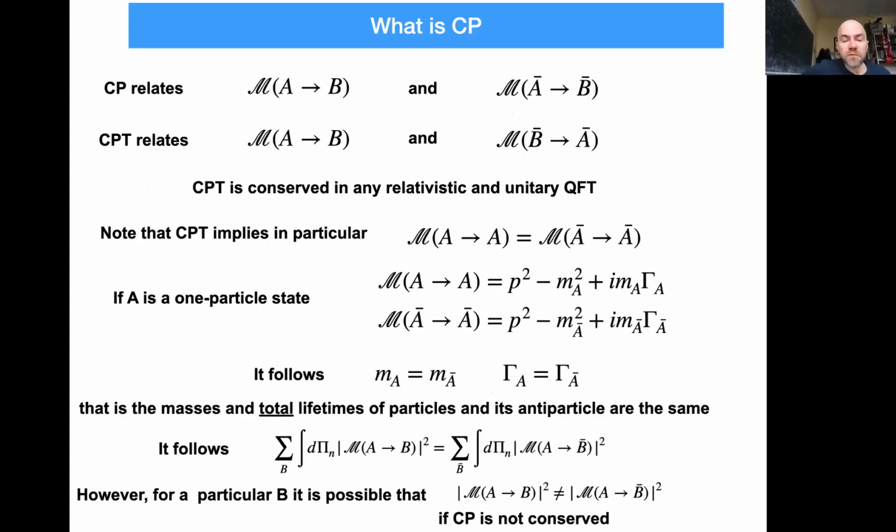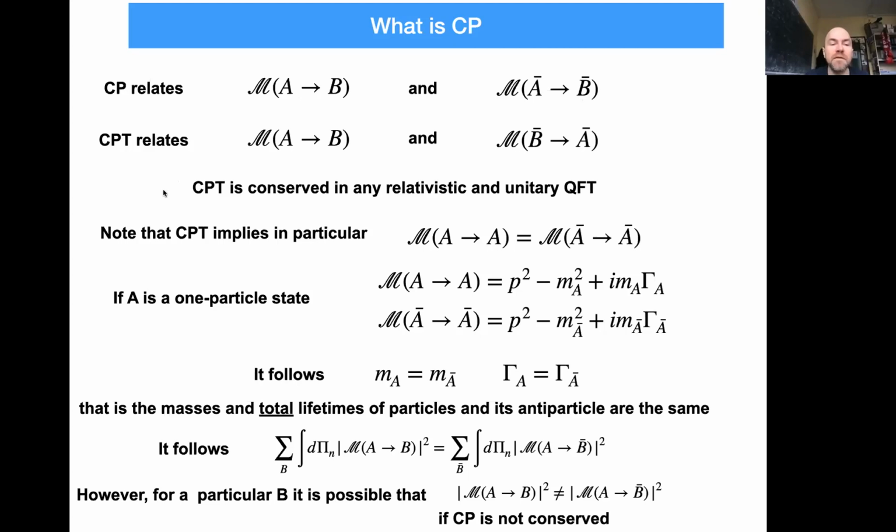Maybe one thing to clarify, because sometimes there's some confusion about it. CP relates scattering amplitudes: if we have a scattering of A into B, and the scattering of the CP conjugate of A into the CP conjugate of B, CP relates these amplitudes so that they have to be equal, eventually up to some phase factor.